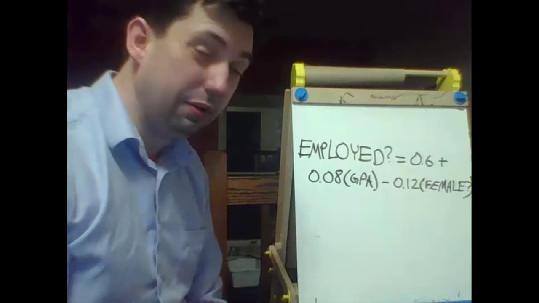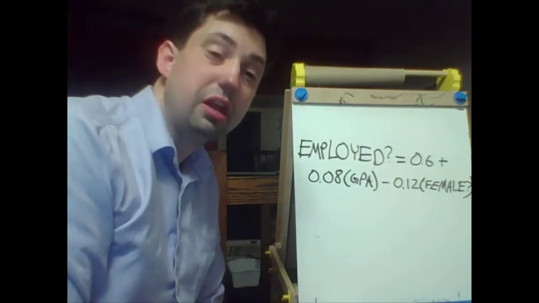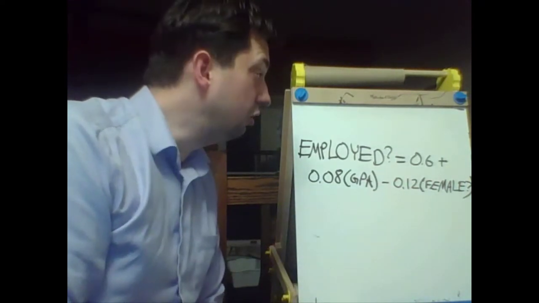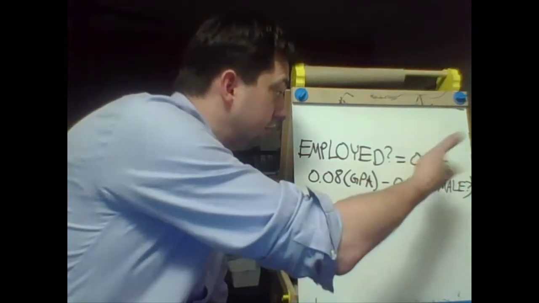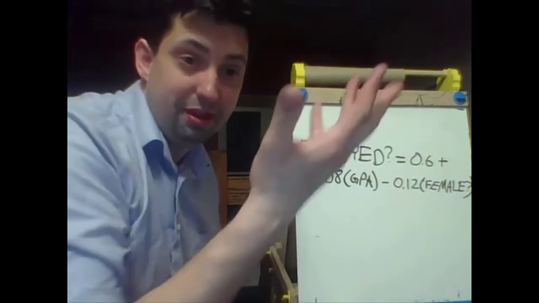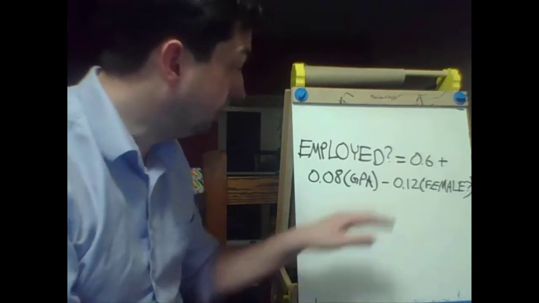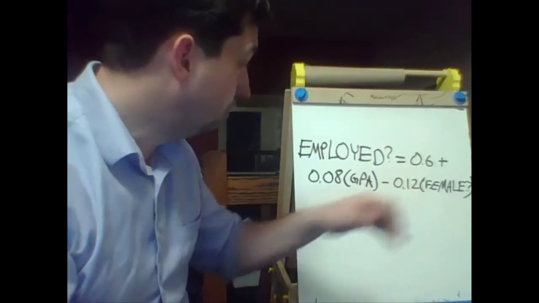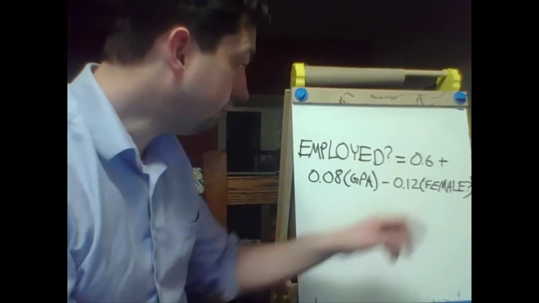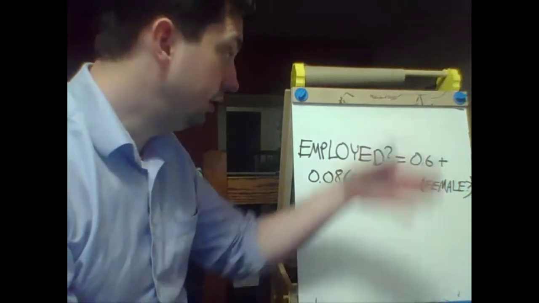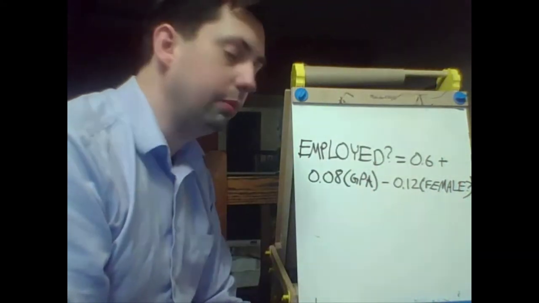This is a statistical reality, though. Women are less likely to be in the labor force than men. So I just made up a number, because this is just a hypothetical regression to illustrate the point, 0.12. So if female, then you're less likely to be employed.